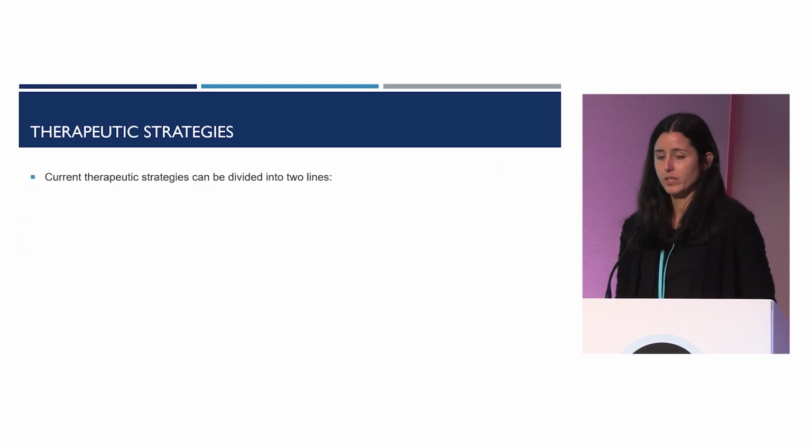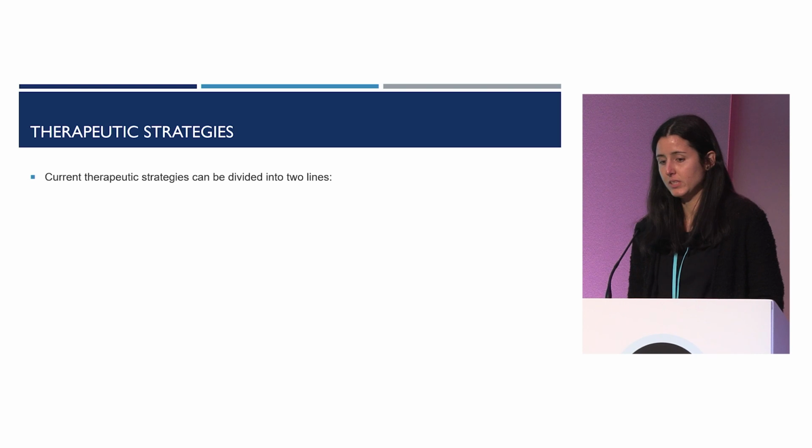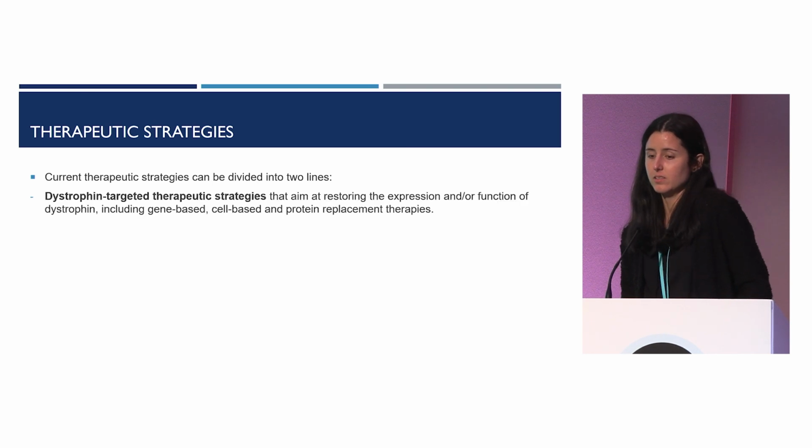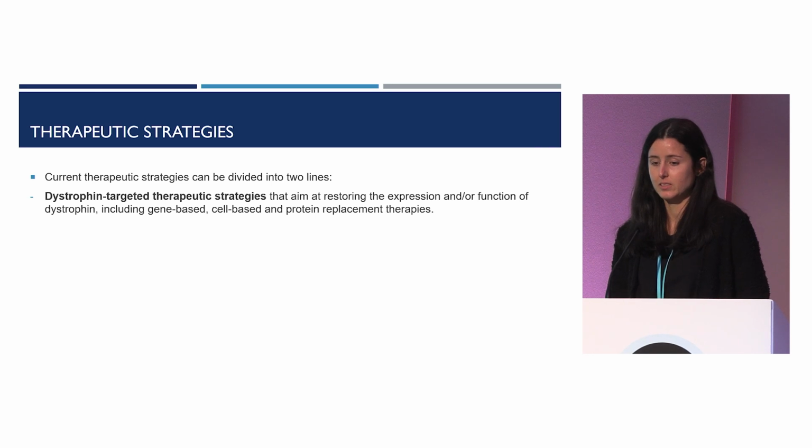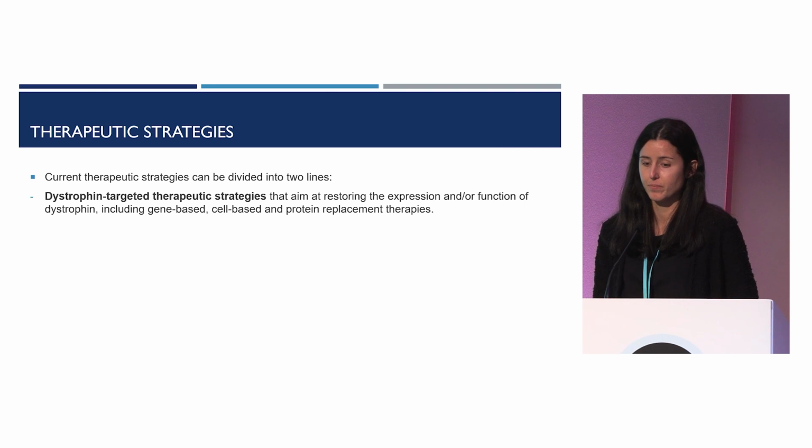If we go to the current therapeutic strategies, we can see that those can be divided into two different lines. The first line is dystrophin therapeutic strategies that aim to restore the expression and function of dystrophin.